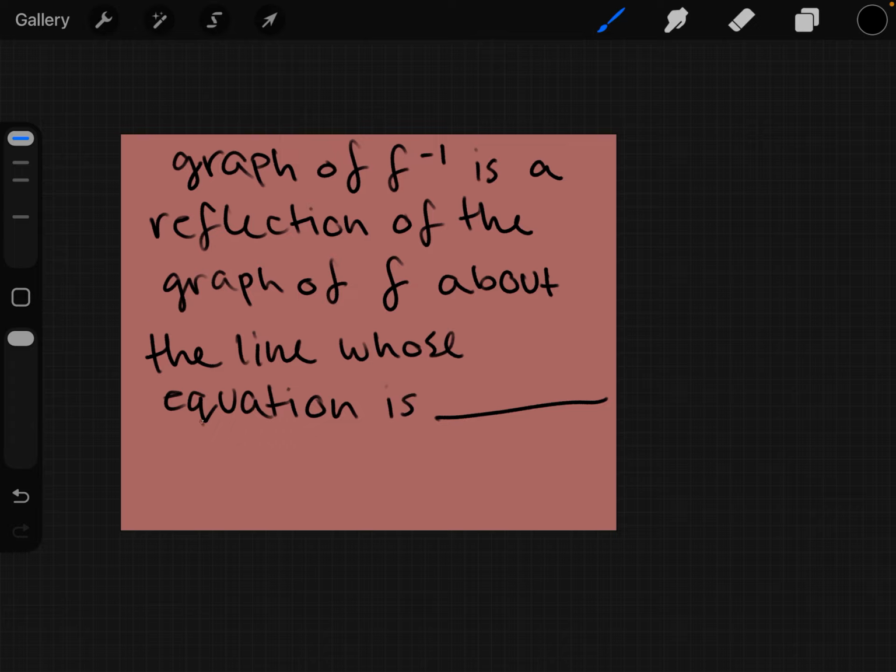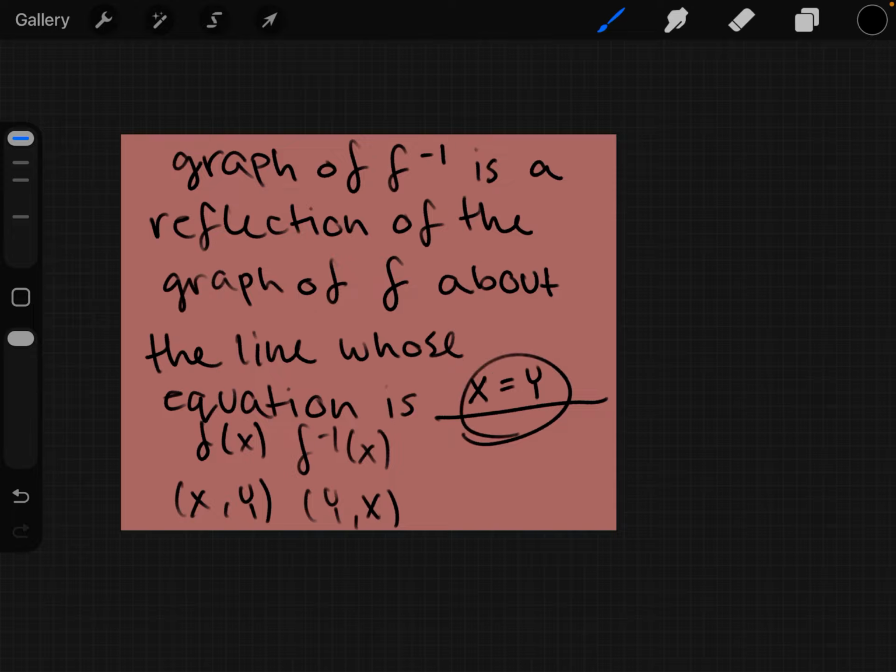Now, if f of x is this, and f inverse of x is just backwards, then x is equal to y. And this is the answer to this question.